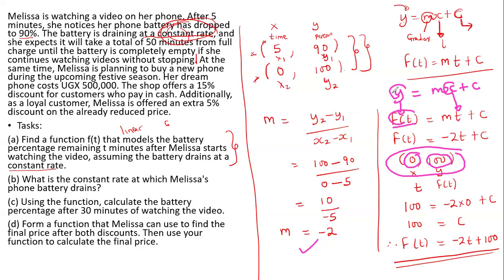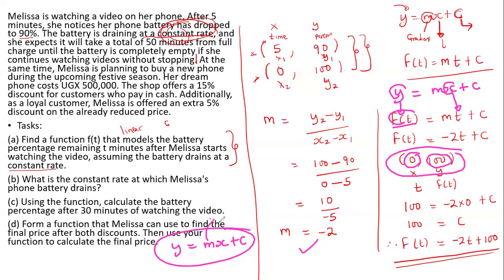Teacher, I request a more elaboration on this equation y is equal to mx plus c, and you have formed this equation. Please explain that equation. y equals mx plus c is a linear equation, the equation for a linear model.